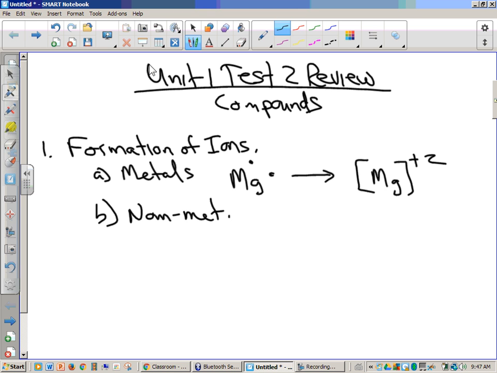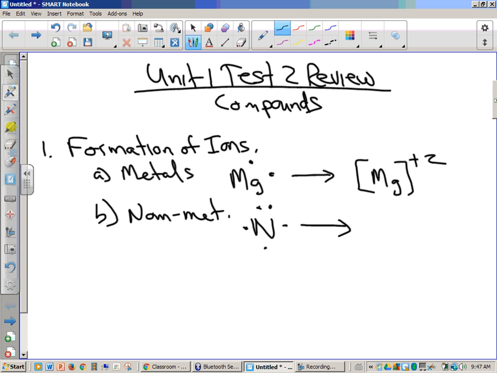We then would have done nonmetals. And the nonmetals tend to gain. So I'm going to pick one. I'll just pick nitrogen right here. And how many dots around that nitrogen? Tyson, how many dots around nitrogen? 5 is correct. 1, 2, 3, 4, 5.